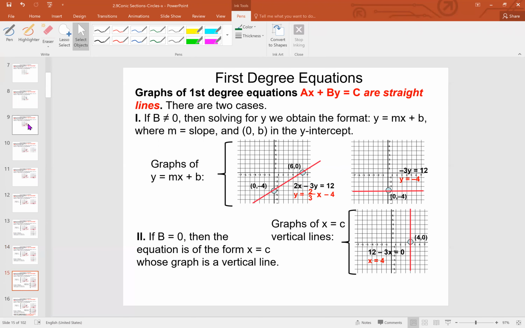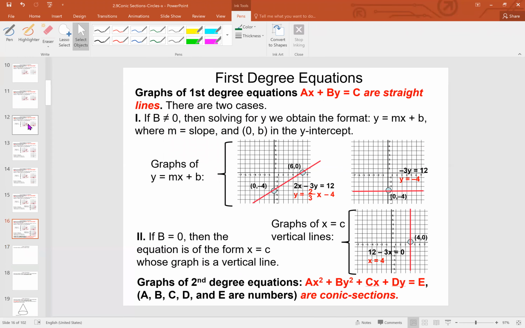Okay. Then the next case that we are going to investigate is second degree equations in x squared and y squared. And the pictures that these equations produce are called conic sections.